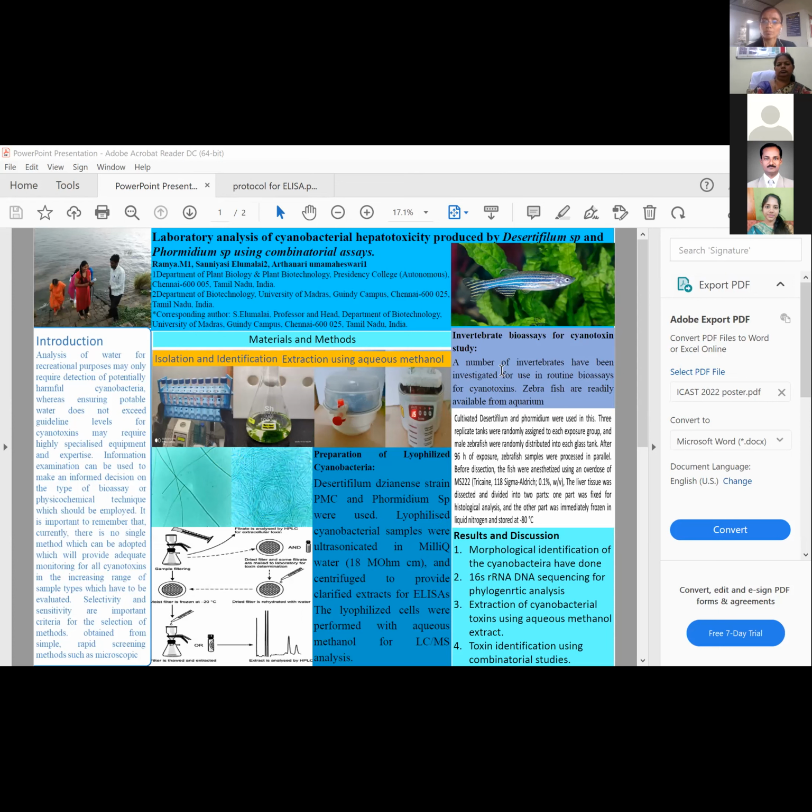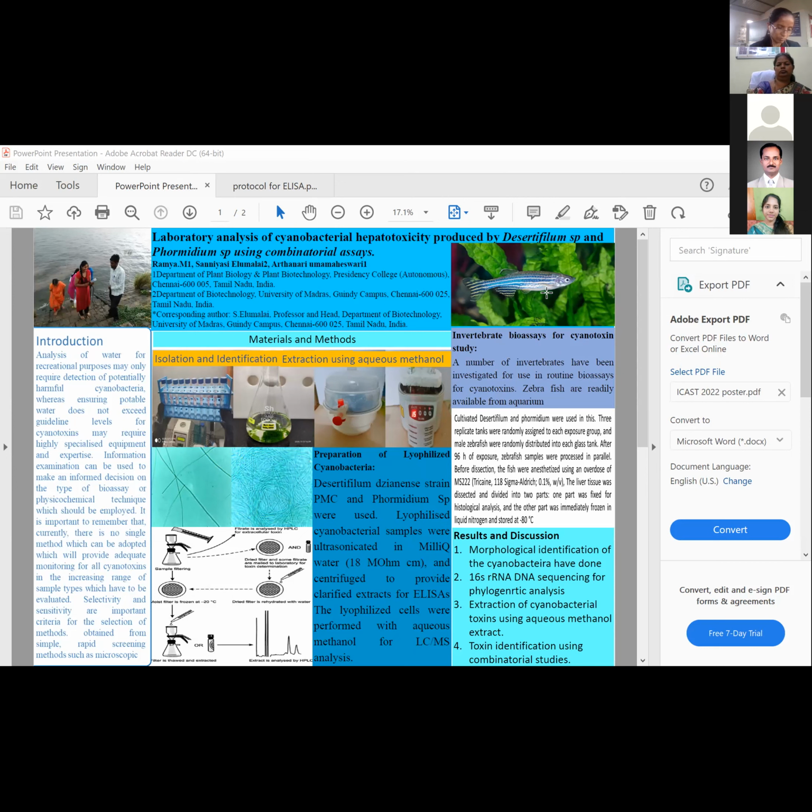I have also submitted samples for LCMS, to find out whether any microcystin is present in these two organisms, and I had to receive that from IIT Bombay. I'm also planning to do an invertebrate bioassay for the cyanotoxin.